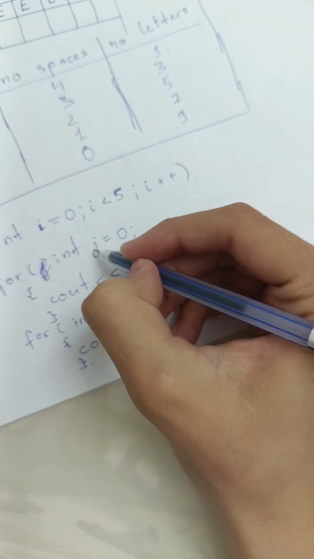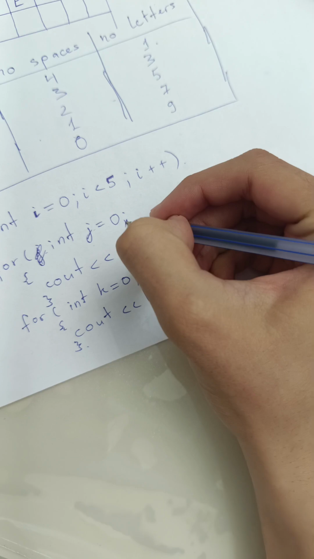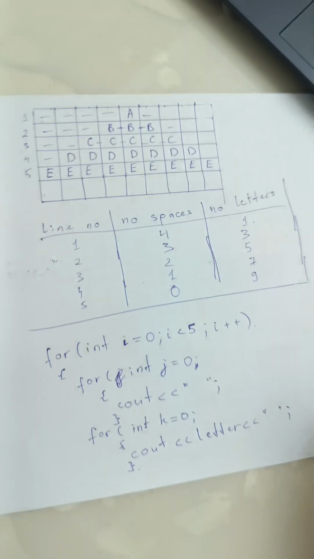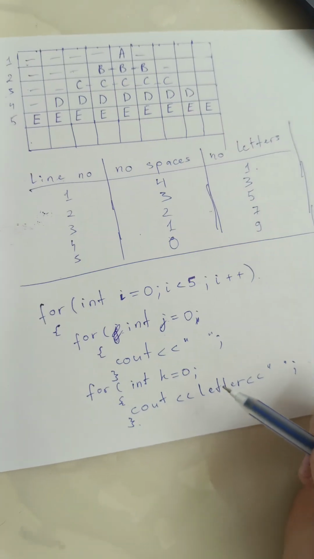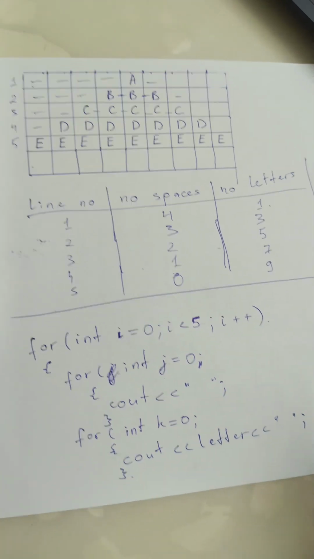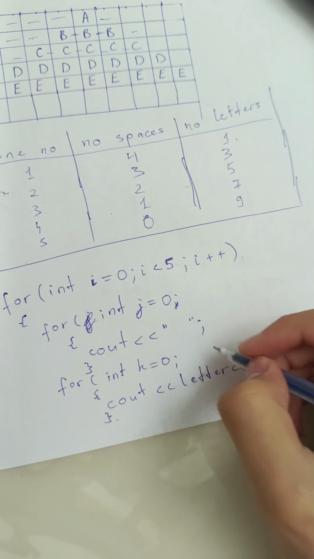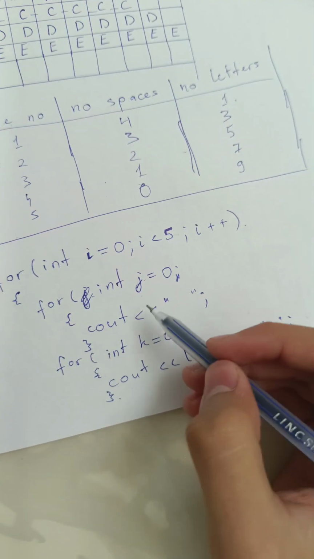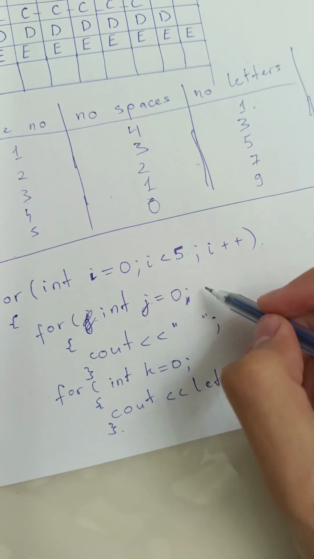And for the second one, we have to print out spaces on the left side. So how do we do it? I want to do it with some difficult math.